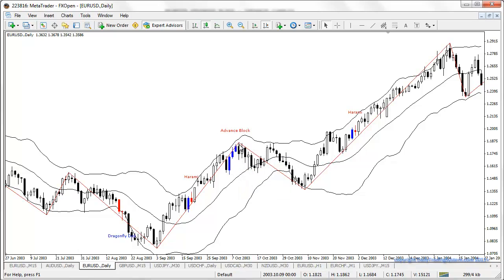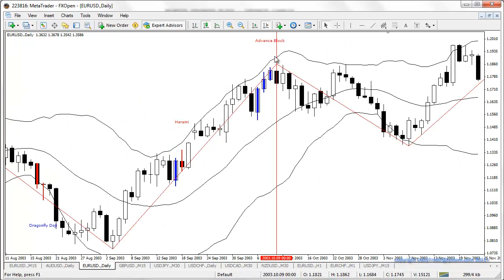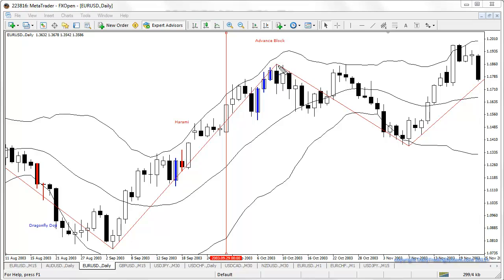So this is actually a failed uptrend. Let's just zoom in so you can see these bars a little bit more clearly. We've made a new high. This would suggest that we are going to continue to keep going up higher, but when the candle closed, it closed lower than the previous low, and also made a new lower low. So that's to let you know that that trend has now failed.